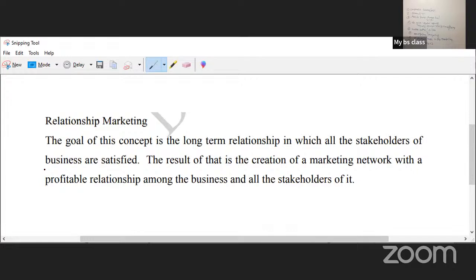The first blank is that you think about the profitable relationship, and it has to be long term. And also customer satisfaction. The first blank, the profitable relationship, and satisfaction of all the stakeholders.